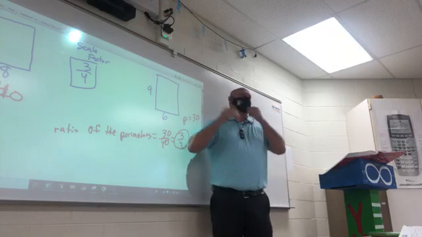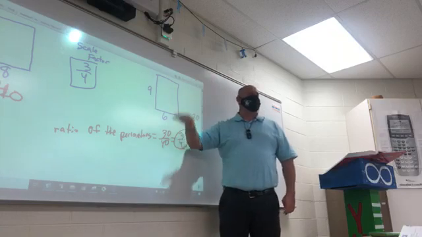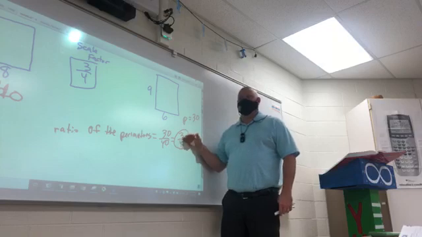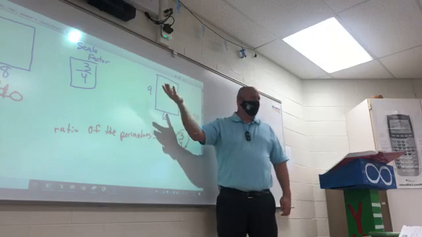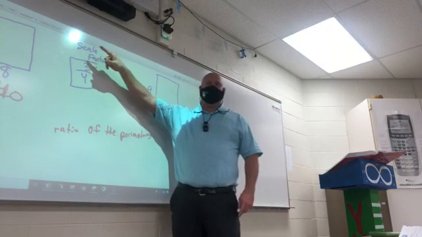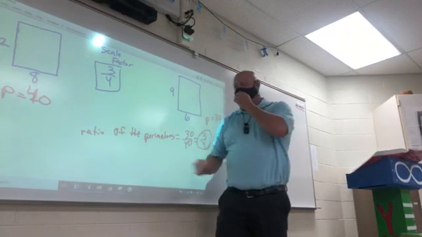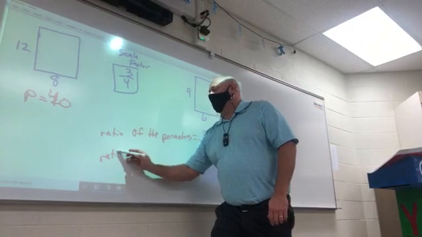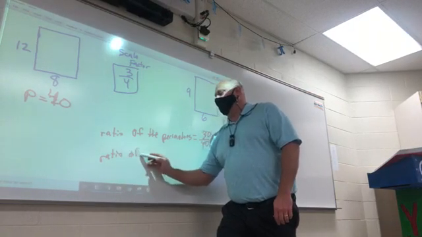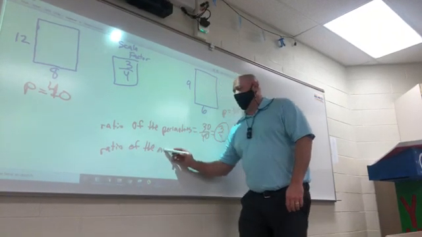Did I even really need to calculate the perimeters? If the only question is what is the ratio of the perimeters, what's the answer going to be? Whatever the scale factor is. Now, here's where it gets a little tricky. What if it asks for the ratio of the areas?